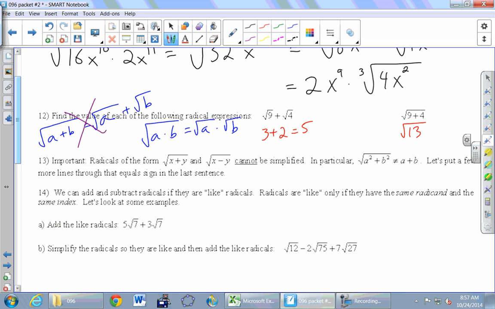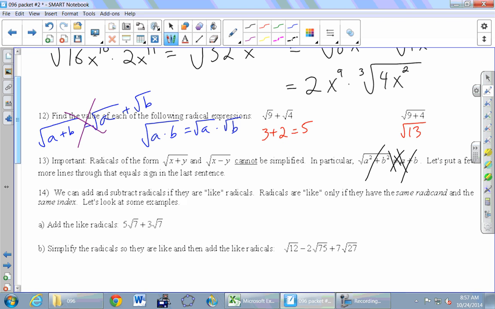Let's go to 13. Radicals of square root of x plus y and minus y. Okay, so really I want us to be very clear.